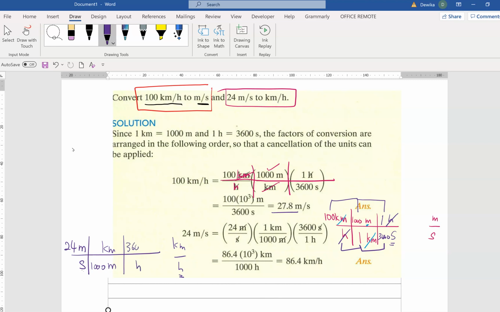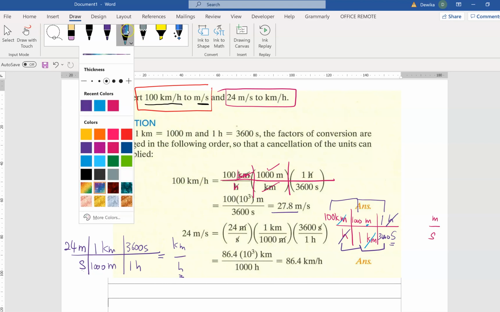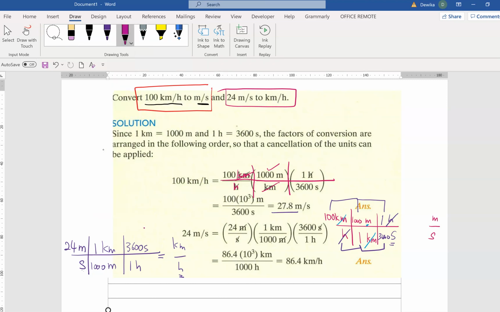So 3600 seconds is equivalent to 1 hour, right? There's a 1 here and a 1 here. You don't write the 1, it's no problem. So at the end of the day, you just take this, multiply with this, divide by this, multiply with this, divide by this. That is the final answer, 86.4.